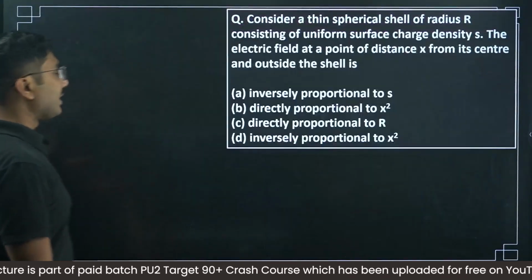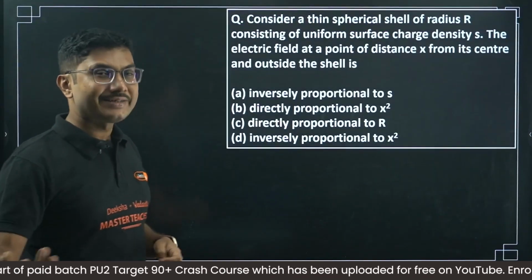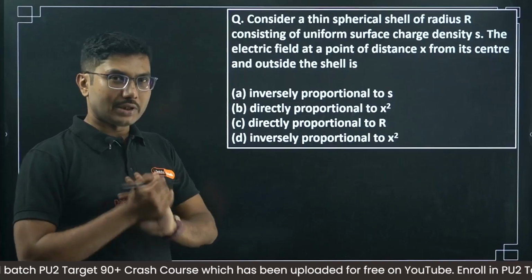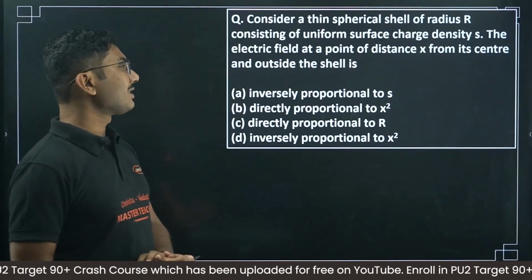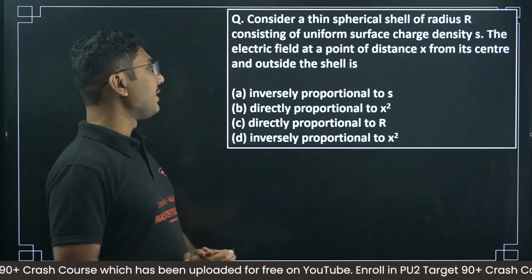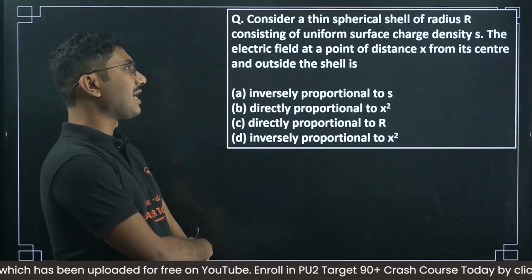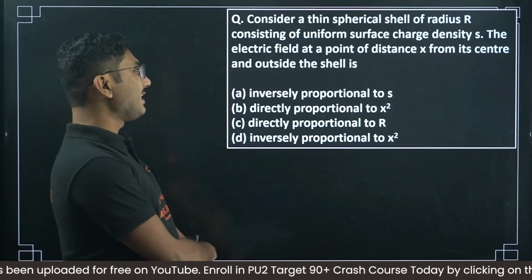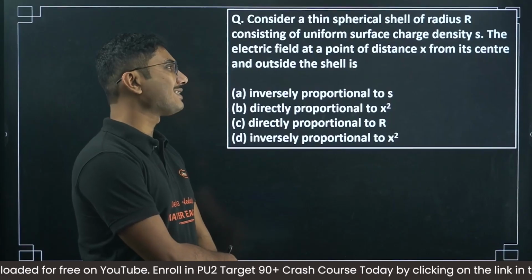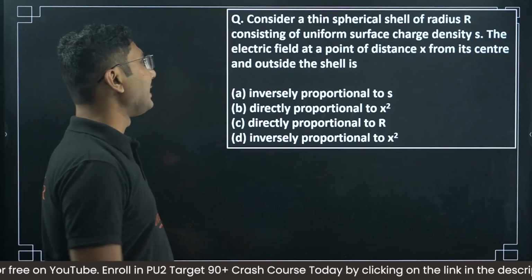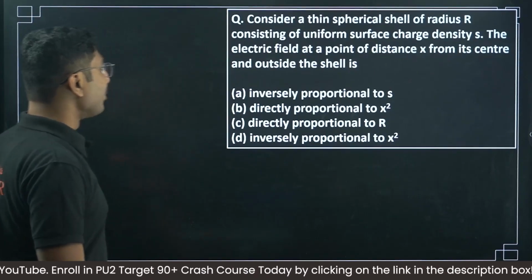Now let's solve one interesting question which might seem very easy, but actually it's not. Consider a thin spherical shell of radius capital R consisting of uniform surface charge density S. The electric field at a point at distance capital X from its center and outside the shell is.